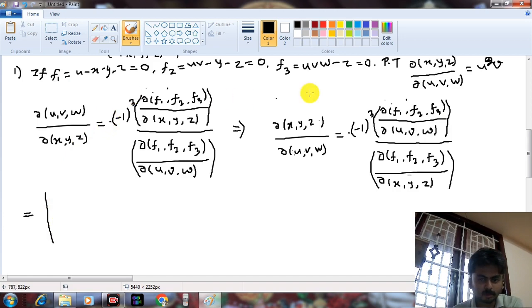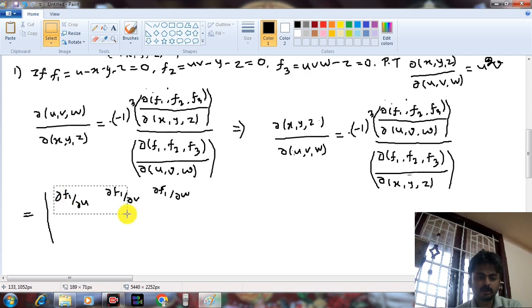Then dou f1 by dou v, then dou f1 by dou w, with the numerator everything common.